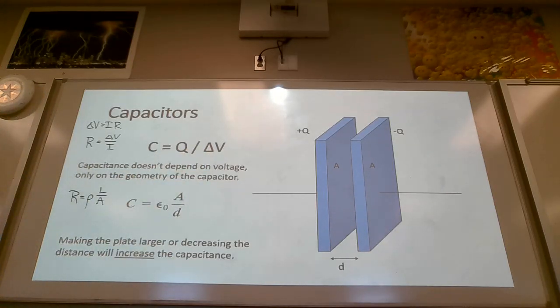For the area, do you add the areas of each plate together? Beautiful question. No, just the area of one plate. We're assuming they're identical. If they weren't identical, would it just be the area of the smaller plate?